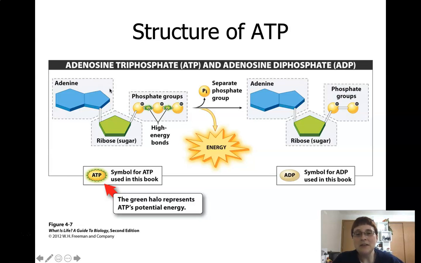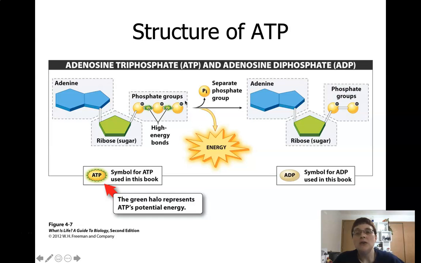And this might look a little familiar. ATP is adenosine triphosphate. The A is the same A from DNA, right? Remember you had A, T, C, and G? Well, this is the A from that A, T, C, and G. It's just that your cells have added 2 phosphate groups because this adds energy.